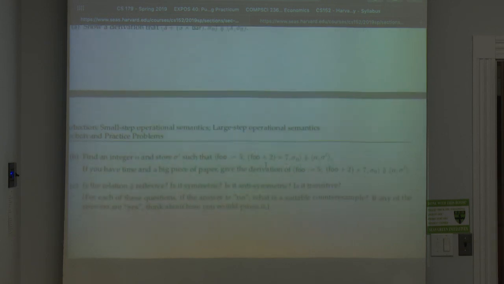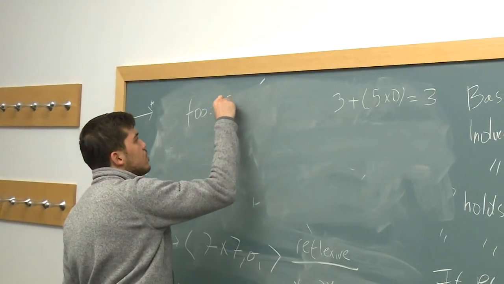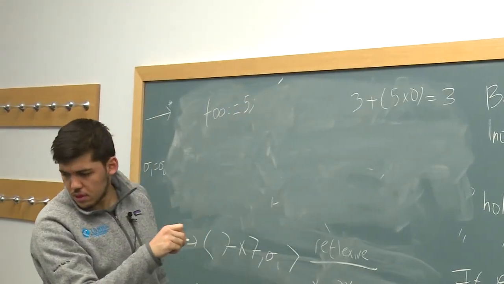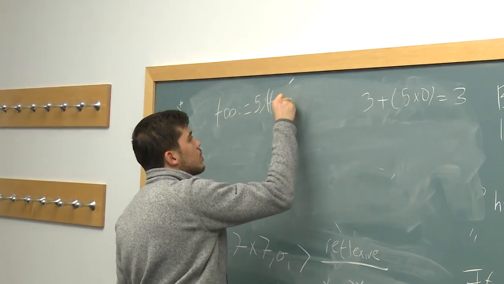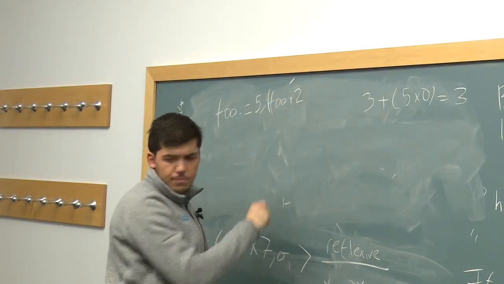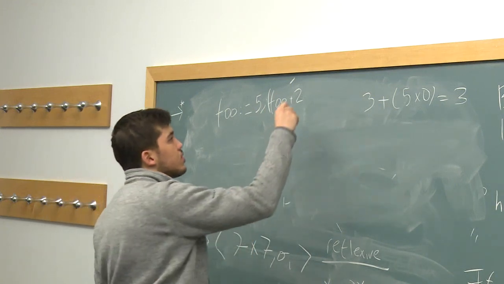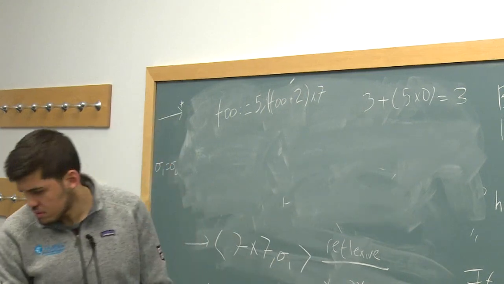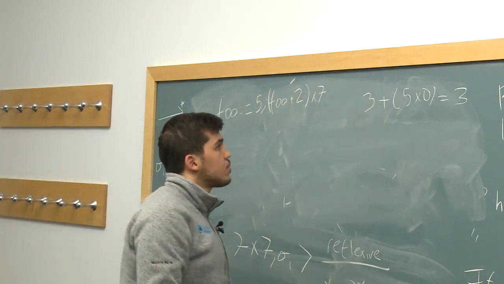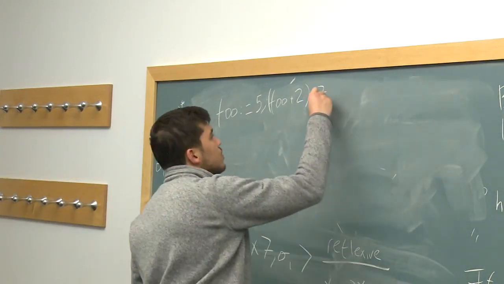So let's write this down. Go on to 5. And then foo plus 2 times 7, sigma prime. Right?